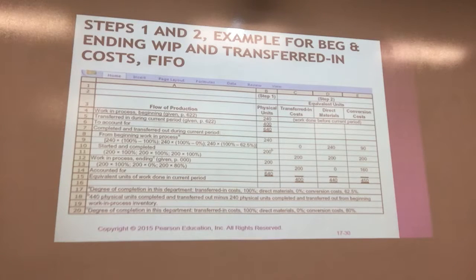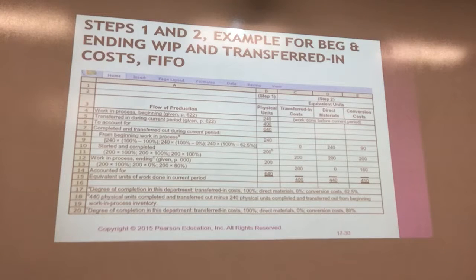So we have to add all the direct material costs in there. And then for conversion cost, we had accounted for 62.5%. So we still have to account for what? 37.5%? So I take 37.5 times 240, and that's how I got the 90. Okay?